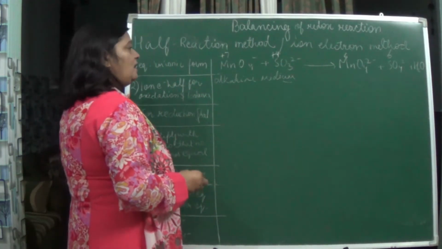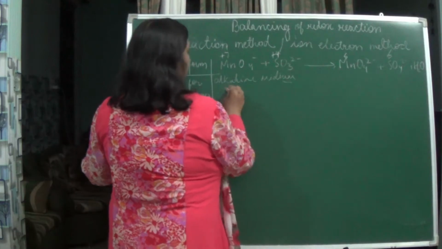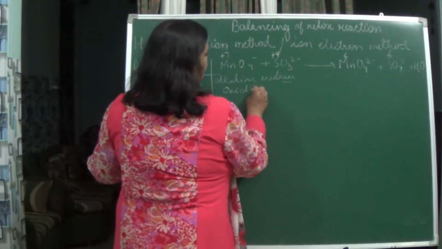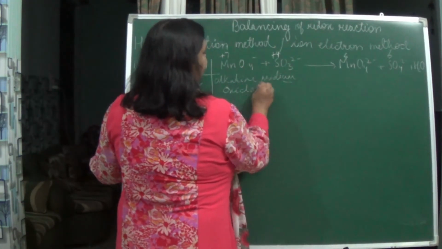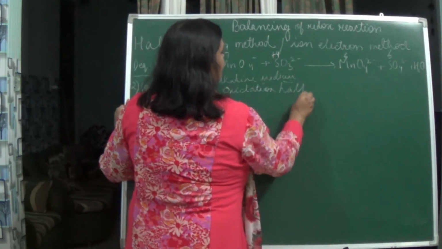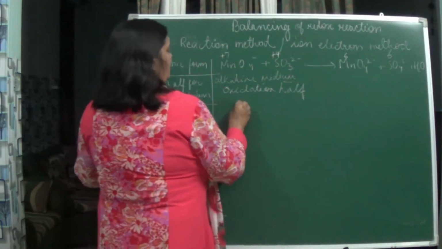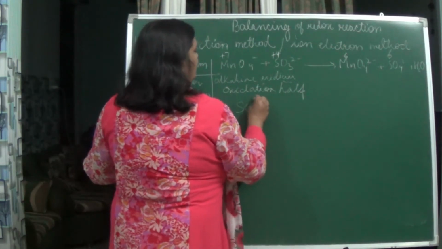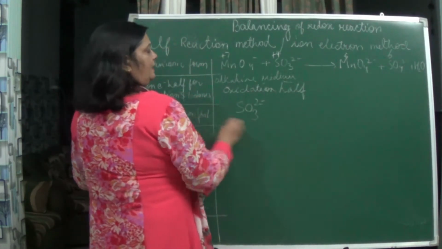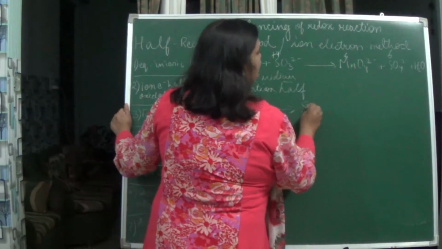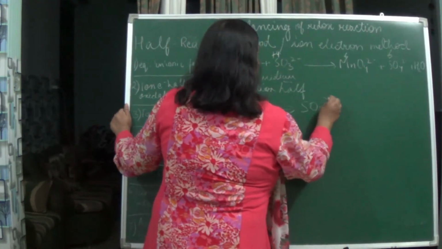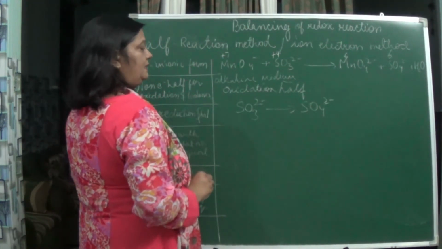So oxidation half and reduction half, let us take out. Oxidation half. Okay, so SO3 2 minus gives SO4 2 minus. Now you are seeing what?